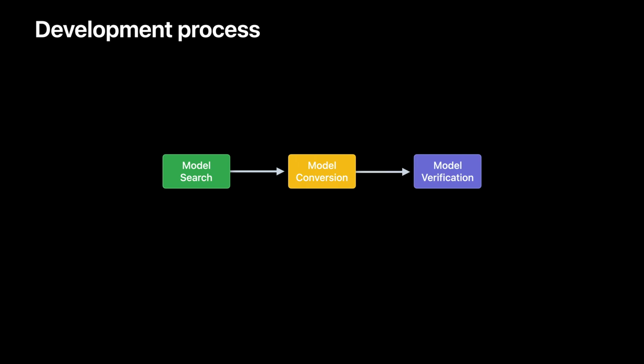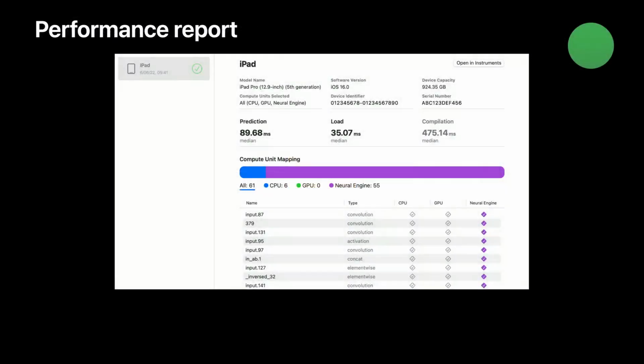However, there is another important check to be done. I need to understand if this model can run fast enough on my target device. So I will need to assess the model on device and make sure it will provide the best user experience. The new CoreML performance report, available now in Xcode 14, performs a time-based analysis of a CoreML model.